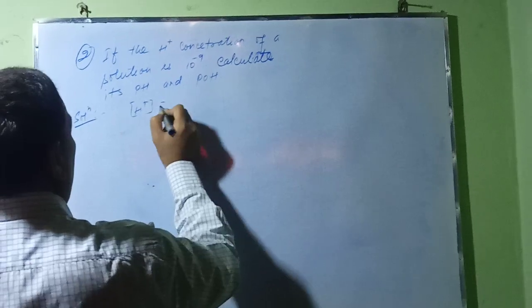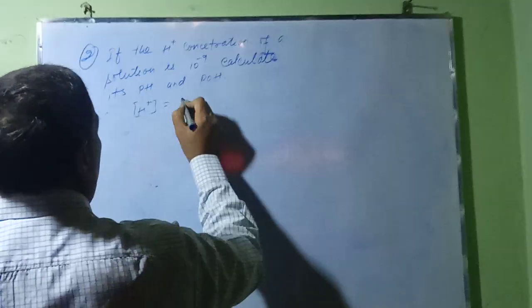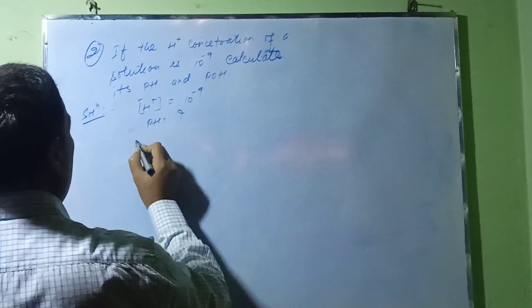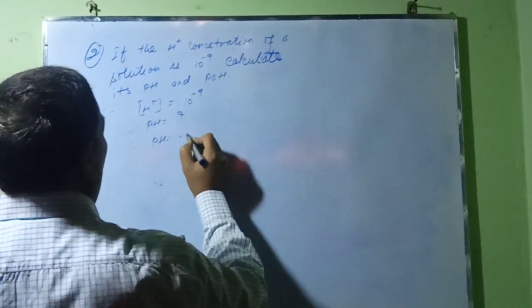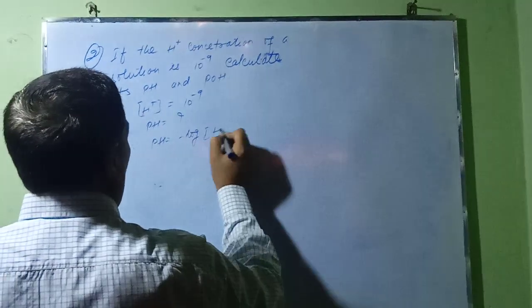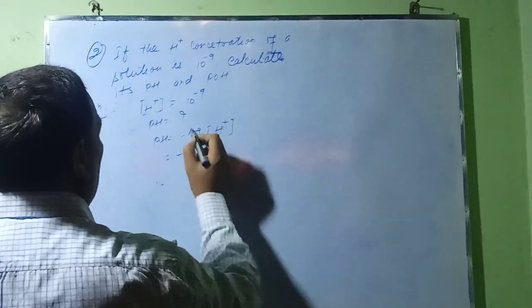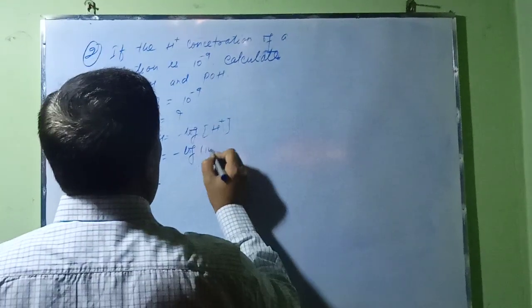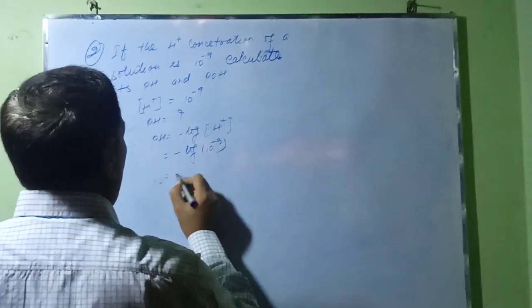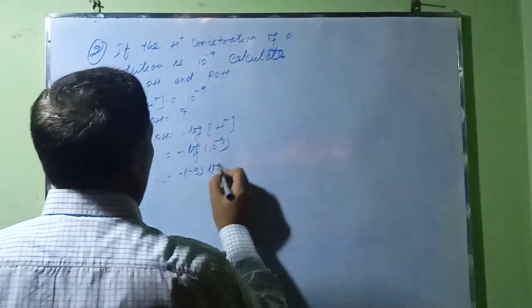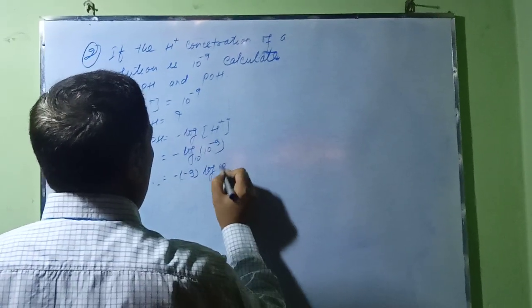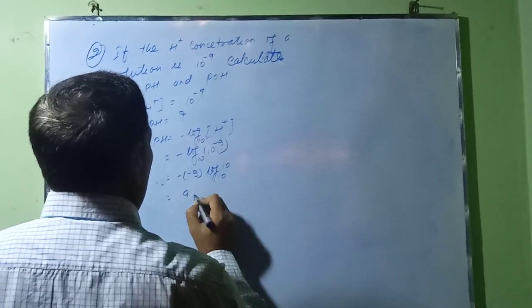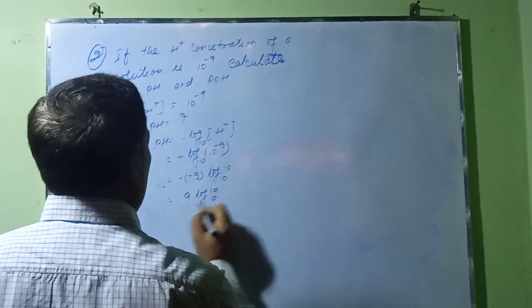Hydrogen ion concentration is equal to 10 to power minus 9. Find pH. We know pH is equal to minus log hydrogen ion concentration. Minus log, putting the value 10 to power minus 9, minus minus 9 log 10 base 10, that is 9 log 10 base 10.